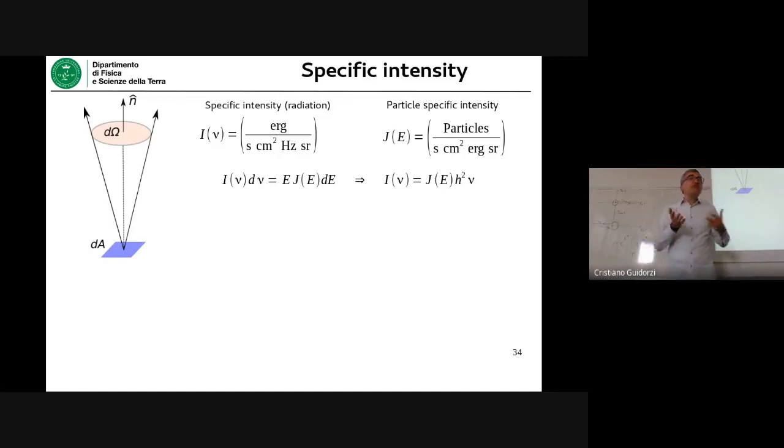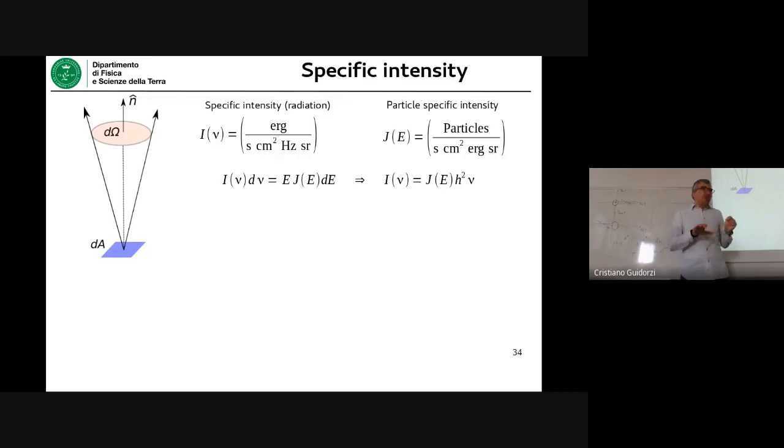So between the two, the relation is rather simple. There's just a factor of energy. So I nu d nu is J(E) dE times E. What is J(E) dE? It is the number of photons crossing per unit time, per unit area, per unit solid angle, because I already multiplied by dE.